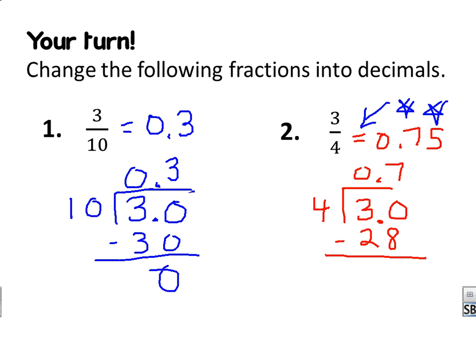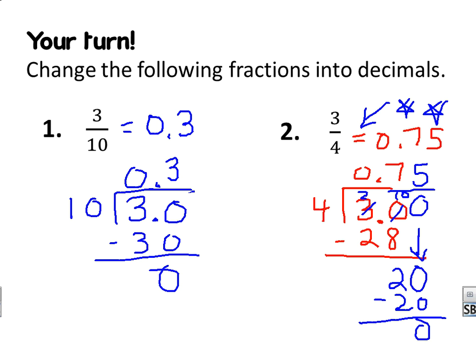I subtract, I have to borrow. So 10 minus 8 is 2. I add another 0 because I still have a remainder there. Bring it down. 4 goes into 20 5 times. We see, class, that 3/4 is the same thing as saying 75/100.